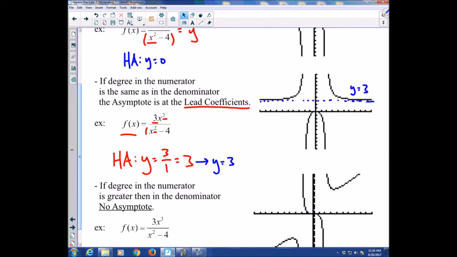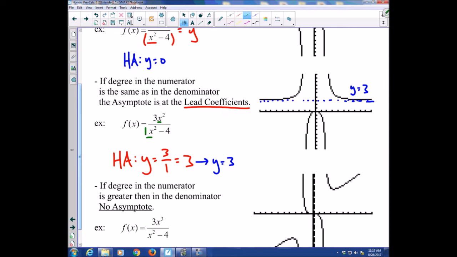So again, right here, the reason for this has to do with the fact that higher powered terms grow so much faster than terms with lower power. So in general right here, what we're going to say is that highest powered term in the numerator and denominator grows so much faster than the rest of the terms that are in the numerator and denominator, whatever they are, that the rest of the terms only really create a slight difference between the numbers we're seeing in the numerator and denominator with regards to that highest powered term.